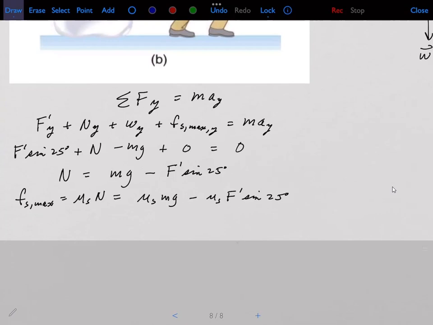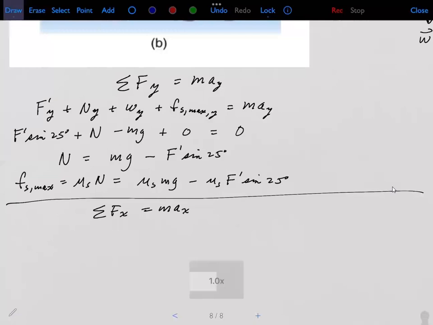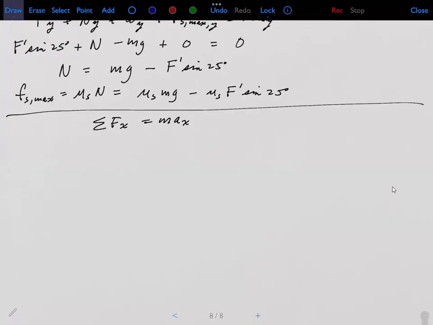Okay, now let me go to the x direction. Sum of the forces in the x direction equals max. So now I have the x component of F prime plus the x component of the normal force plus the x component of the weight plus the x component of Fs max. That's got to equal max. The x component of F prime was just F prime times cosine of 25.